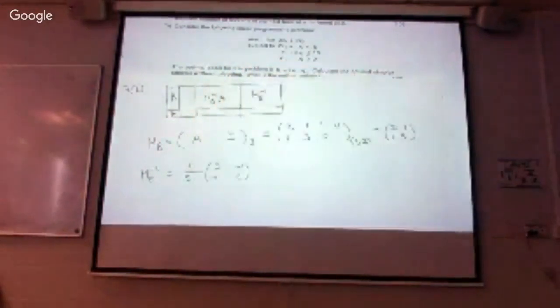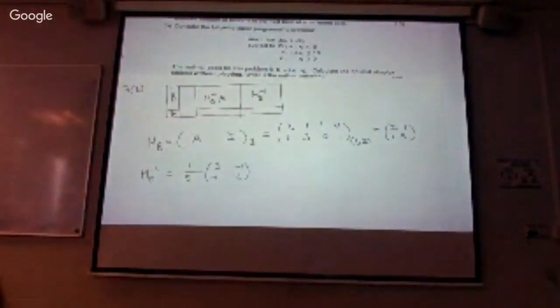This is MB inverse A, but we don't have to do it because B inverse is A inverse.